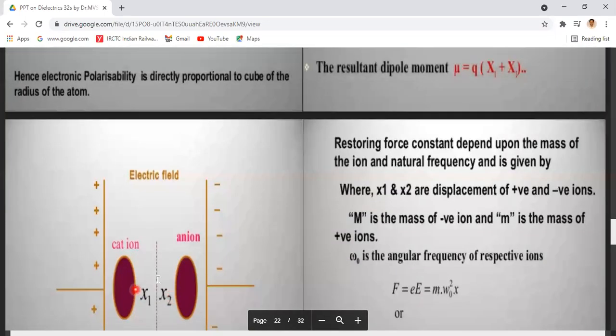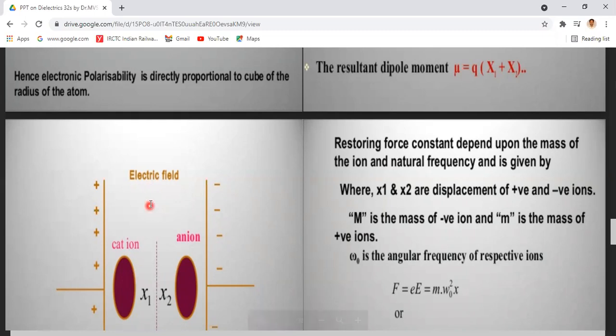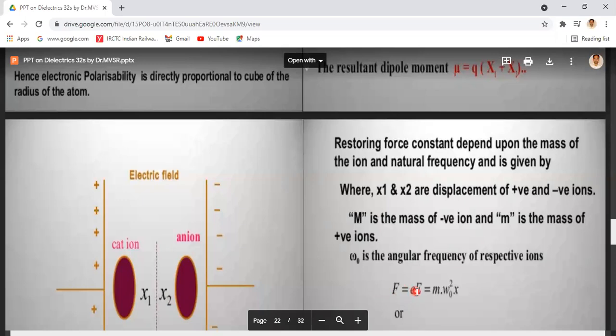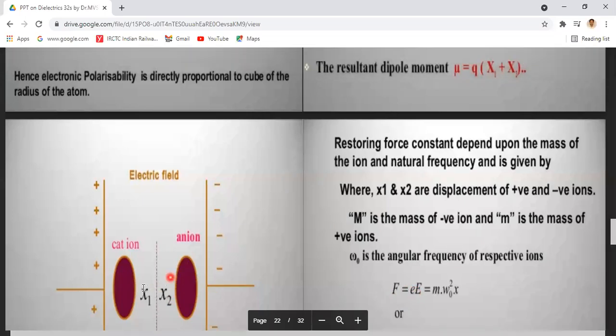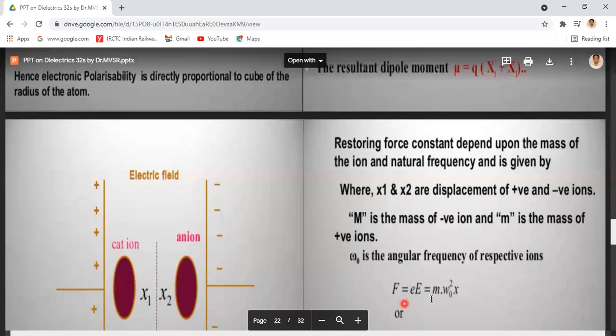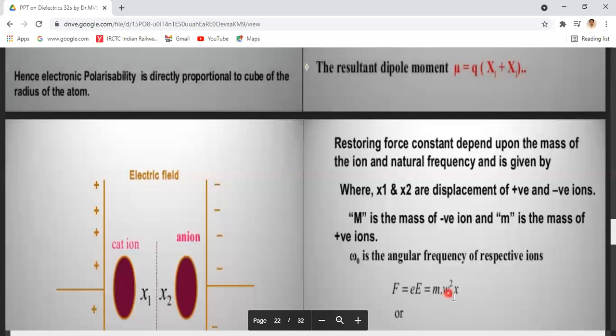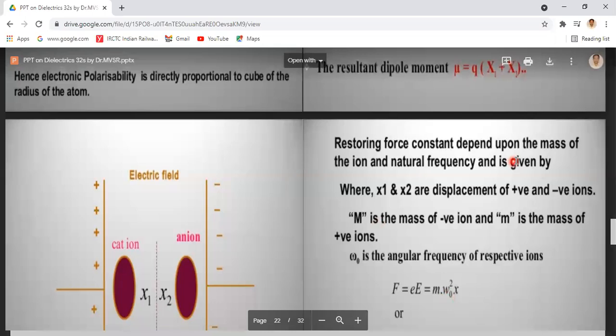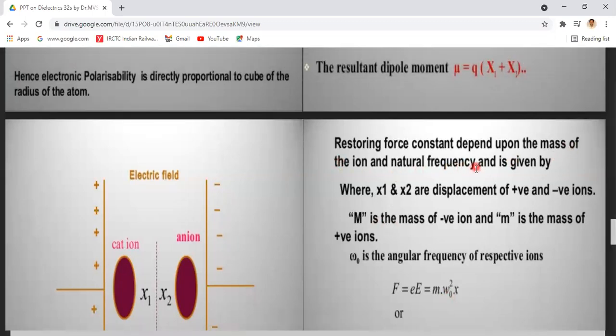On this dipole, in the presence of the electric field, the force acting is given by F is equal to QE. Again, on this dipole a restoring force is acting. The restoring force is given by m omega naught square x, because the restoring force constant depends upon the mass of the ion and the natural frequency omega naught.